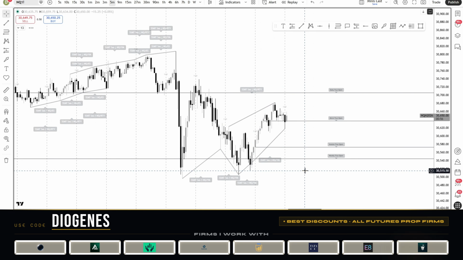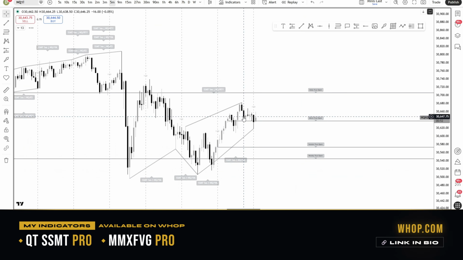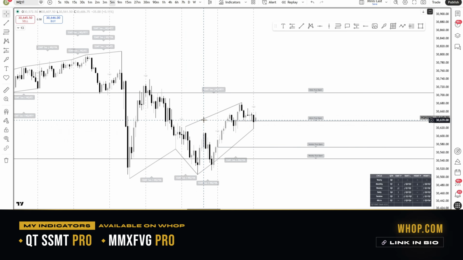Now, if you can see, there is both a bullish SSMT here and the bearish SSMT, okay? And it says that, okay, between Q2, Q1. So this is now perfect, okay?